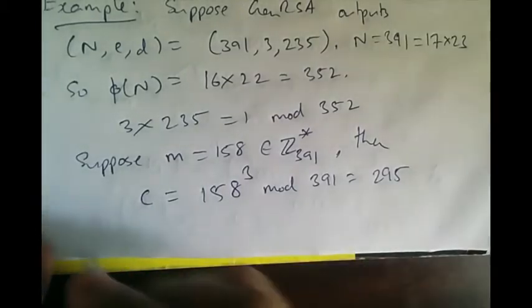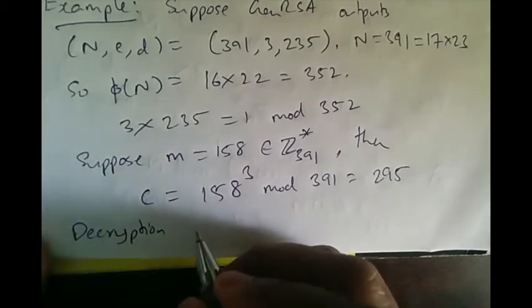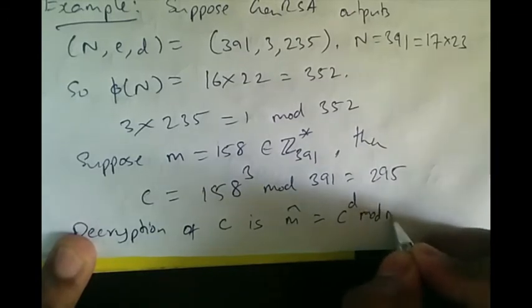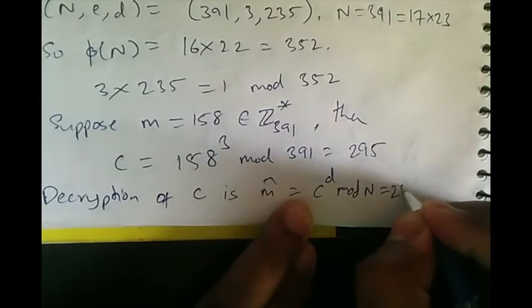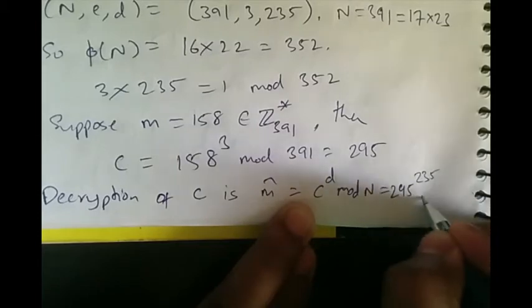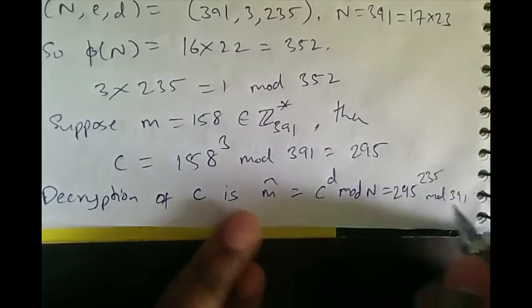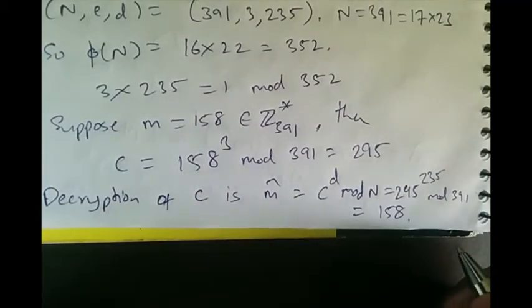And then the decryption of C is M hat, which is C to the D mod n, which is 295 raised to 235, sorry, mod 391, and you would get back 158. Okay.